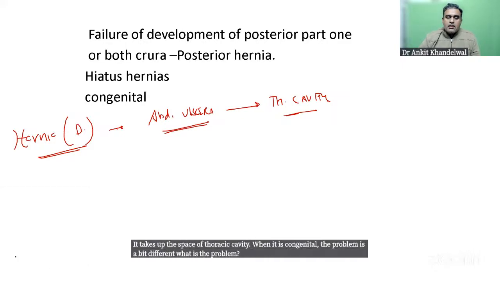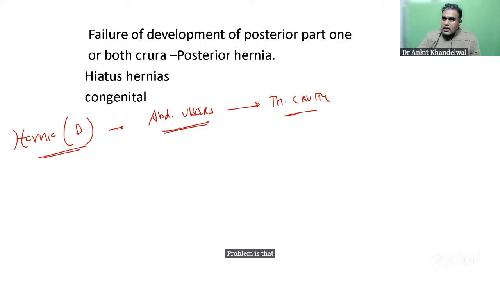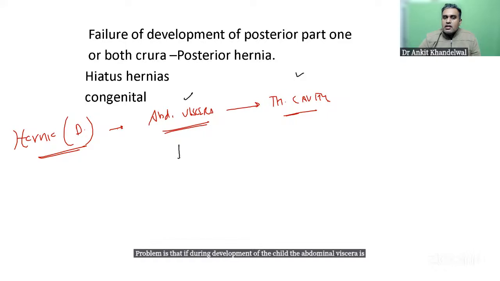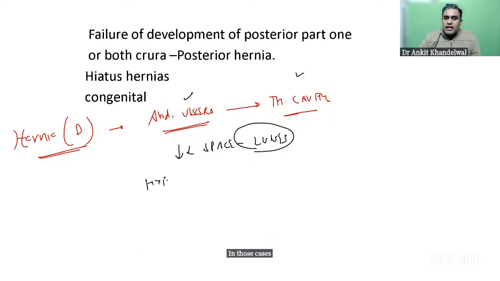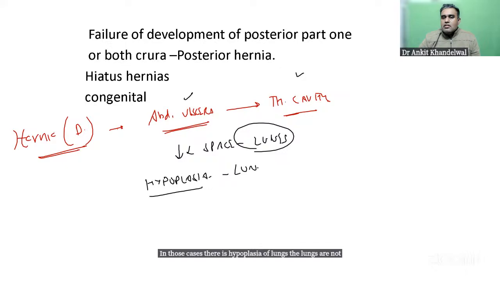If during development of the child, the abdominal viscera is coming into thoracic cavity, it will give less space for the development of lungs. In those cases, there is hypoplasia of lungs. The lungs are not developed as they should have developed. There is immaturity in the development of lungs.